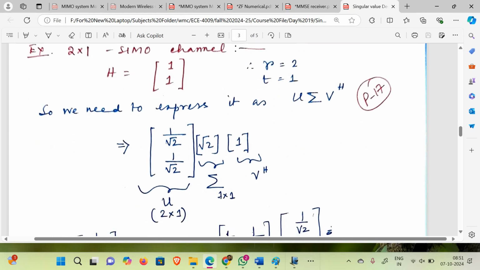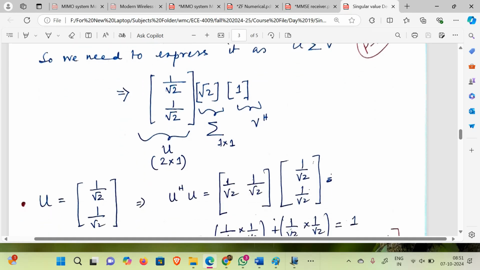Suppose this is a MIMO system. Now, given H is a very simple matrix, a 1 cross 1, like 1 and 1. In column it is given R equals 2, T equals 1. Now we have to decompose that into U, sigma and V Hermitian, keeping in mind that all the properties need to be maintained.